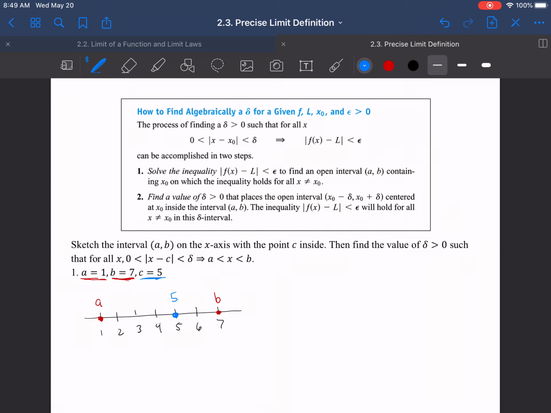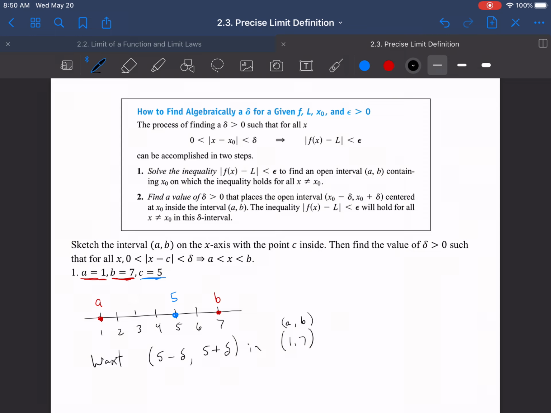And so we want 5 minus delta and 5 plus delta to be in 1, 7. All right, that's A, B, right? We want to be within that 1, 7 range.